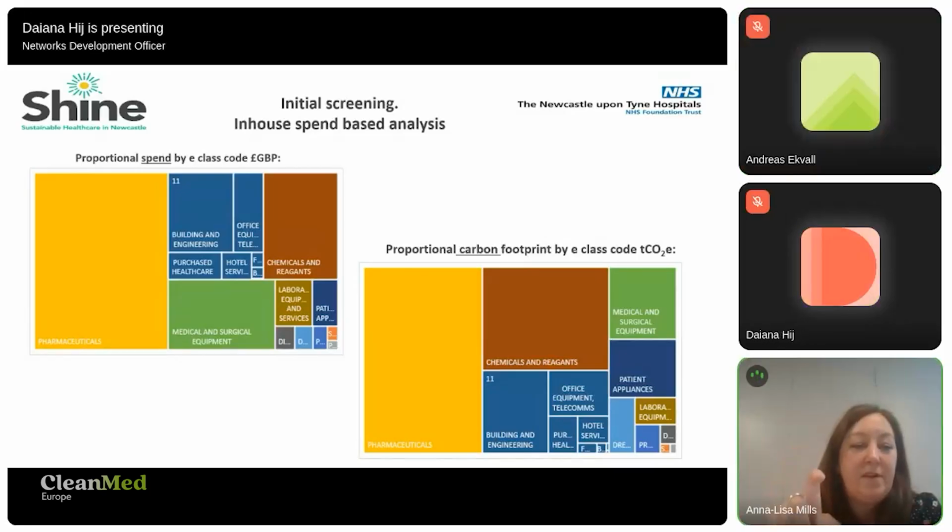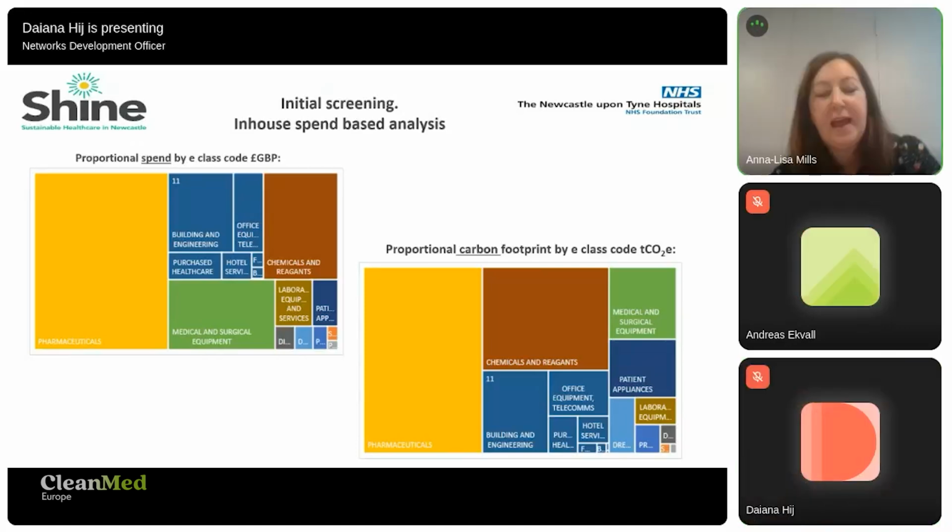But it doesn't tell me, for instance, if pharmaceutical company A happens to be in the UK and have solar panels on their factory and an electric fleet, and we're buying a similar pharmaceutical from company B, which happens to be further afield and hasn't started their sustainability journey, but company B sells that product at a lower cost, that would mean their footprint is lower. So that's really a nonsense. We wanted to capture real credible action from our suppliers.